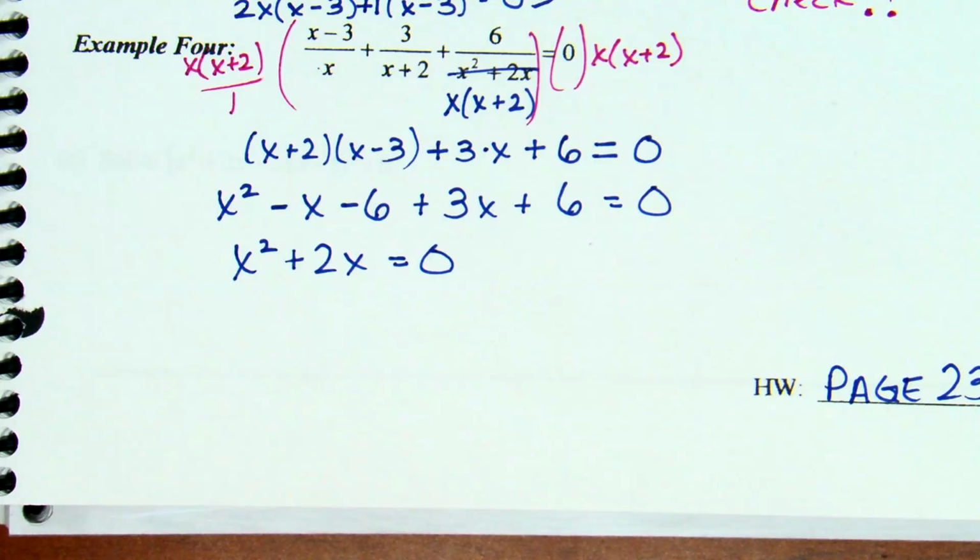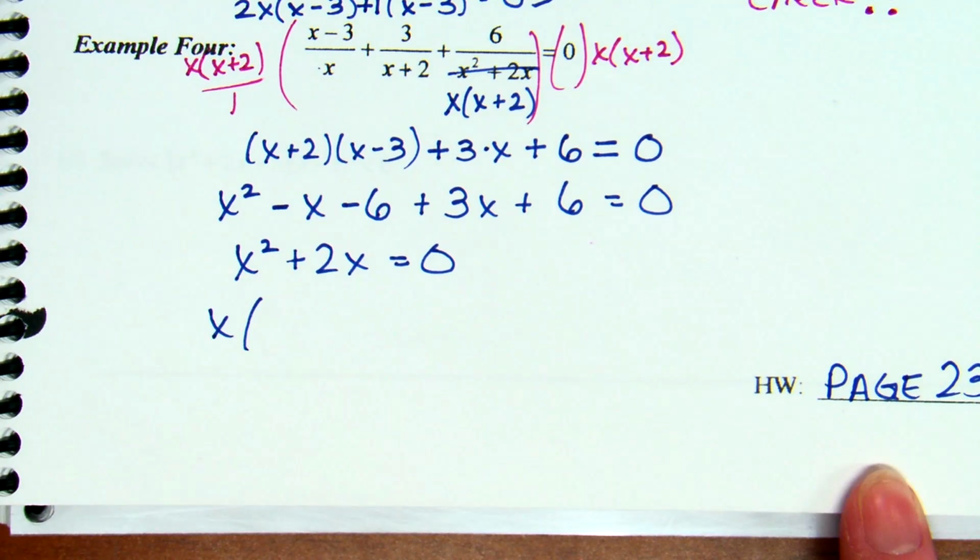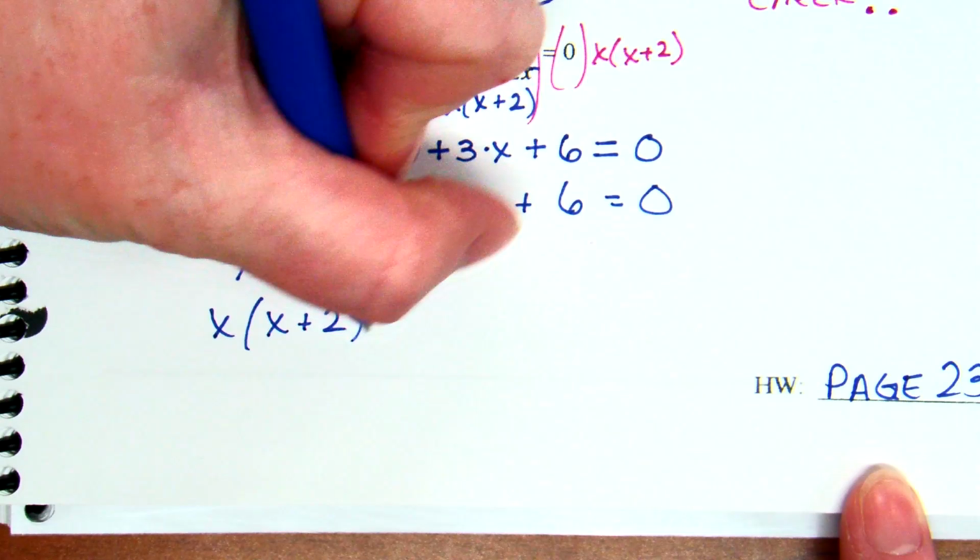Now what are your thoughts? Can we factor it using GCF? Yeah. There's no C term, so product and sum isn't going to work very nicely. But GCF, both terms have an x in common. So when you factor an x out, we're left with x plus 2 in parentheses.